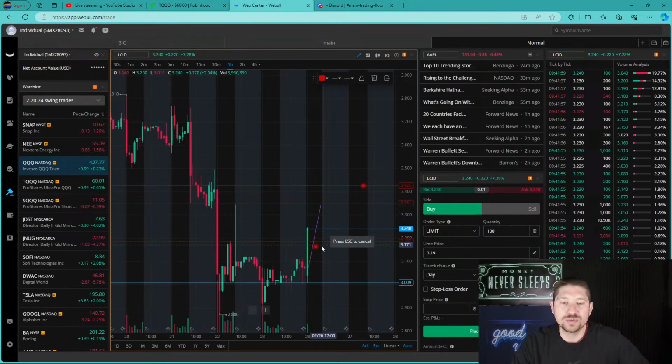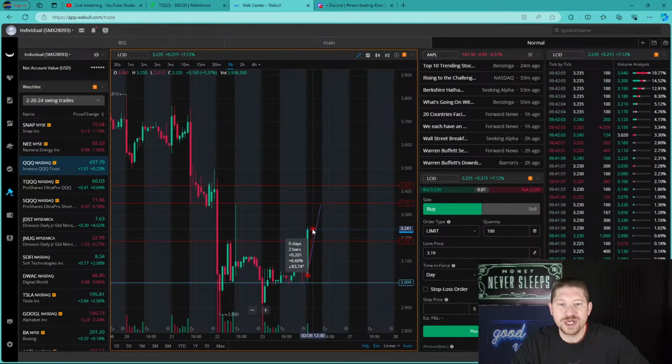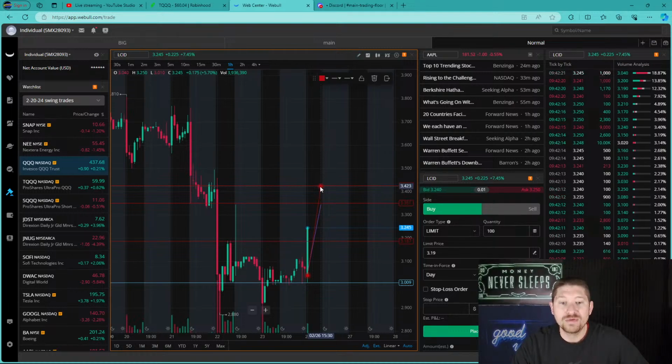Now, once you've drawn your lines, if you bought down here, you could already be locking in 6% of your trade. And if you were able to get around up here like it was the day before, about 12% in a single day on a single ticker, it looks like in 1 hour. Now, what is the downside?